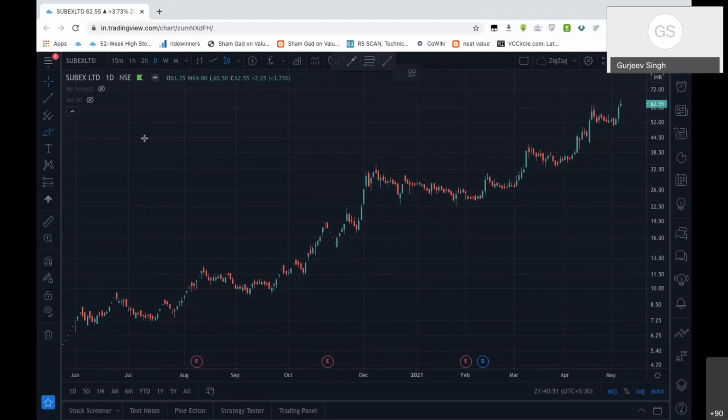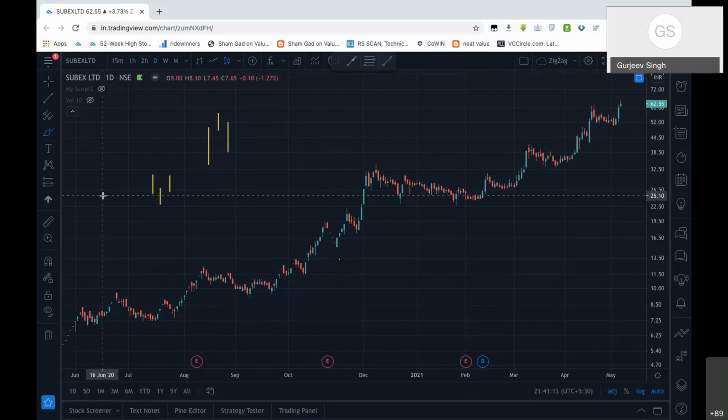Suppose any member has not viewed the last webinar, I will again give a brief explanation of the swing point strategy. It was something like this we discussed, and something like this. Also, please note I have not shown RS over here. We'll connect RS once we learn the strategy.